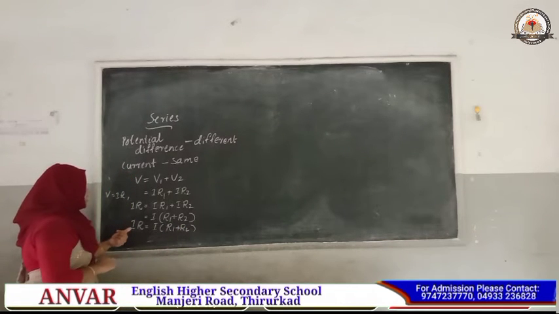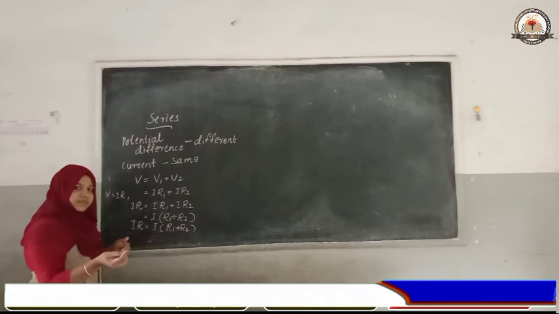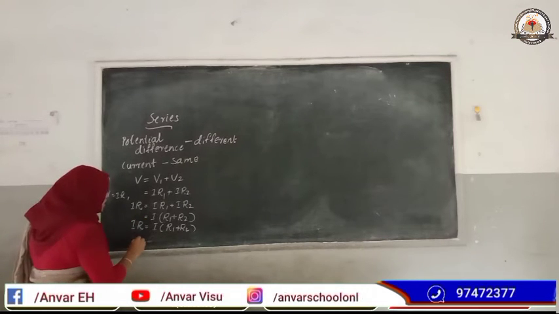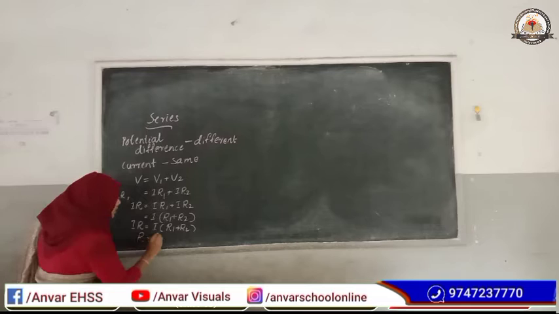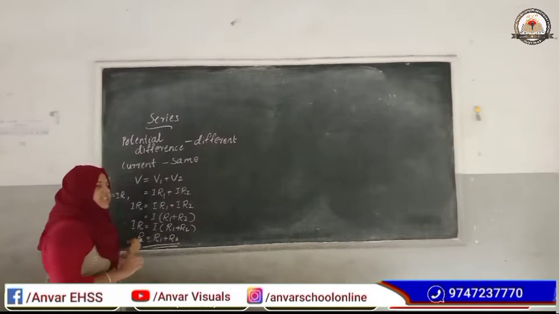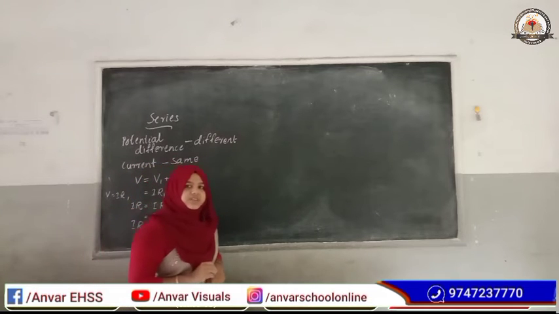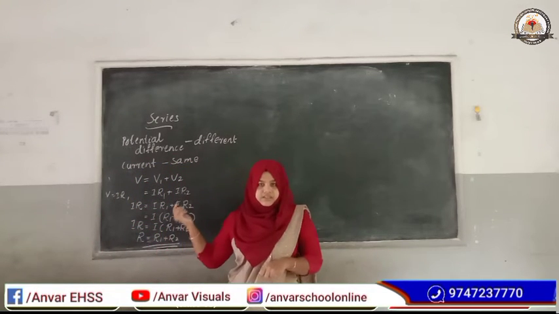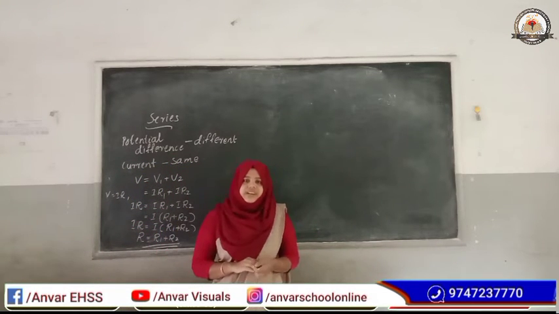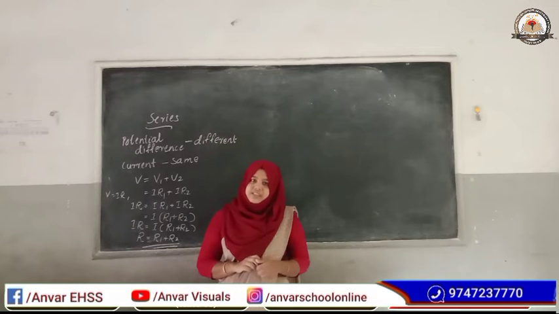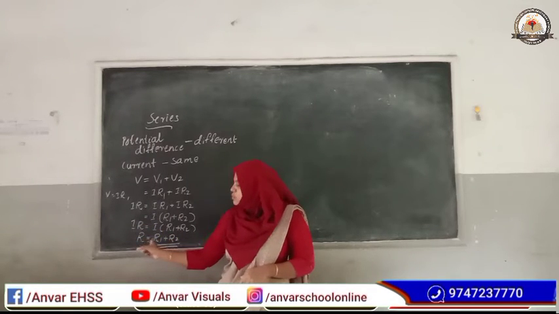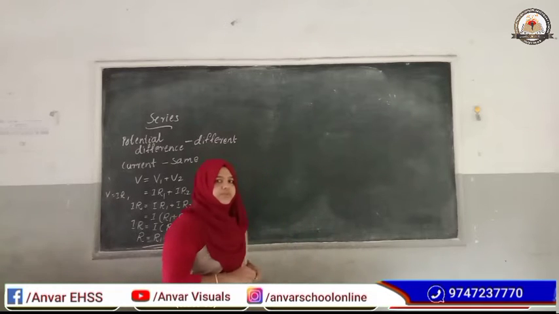Then the value of current is same on both sides of this equation. So R is equal to R1 plus R2. Here is the equation to find the total resistance in the circuit when we are connecting the resistors in series combination.